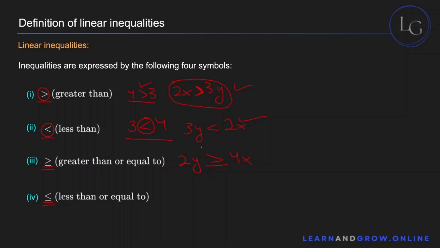That means that in the earlier case, 2x is greater than 3y, it does not say that 2x may be equal to 3y. It just says that 2x is always greater than 3y. So over here, we are saying that 2y is greater than, but it is also equal to 4x. And similarly over here, 4x is less than or equal to 2y. This expression and this expression are the same thing. Again, the direction in which the symbol's mouth is pointing towards is the greater number.